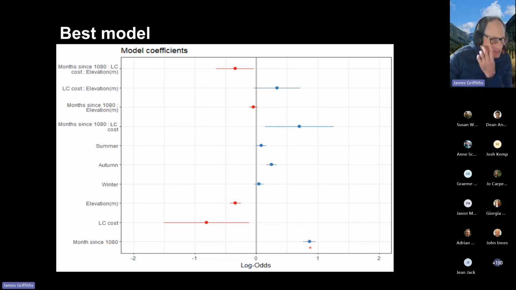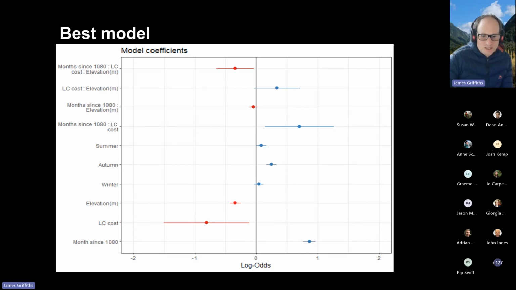So with time since treatment, tracking rates increased. Those tracking tunnels that were hardest to get to had lower tracking rates, and those tracking tunnels that were at higher elevation had lower tracking rates also. And there was a slight increase in tracking rates in autumn.